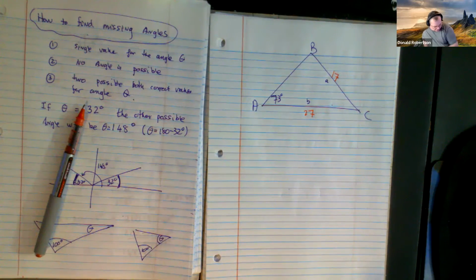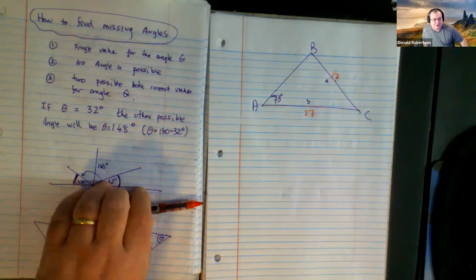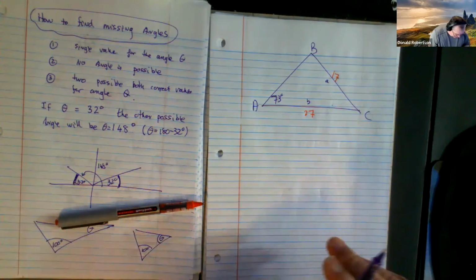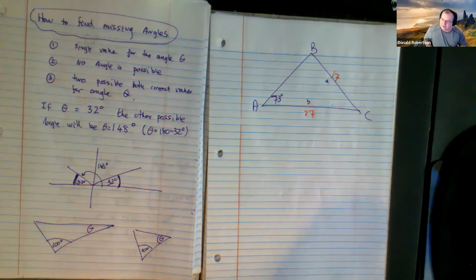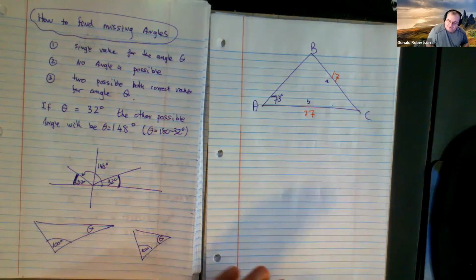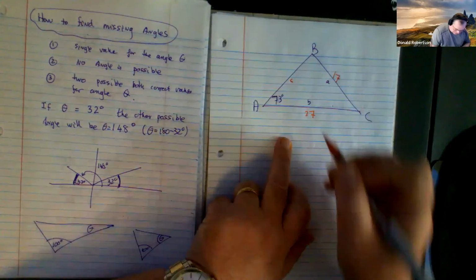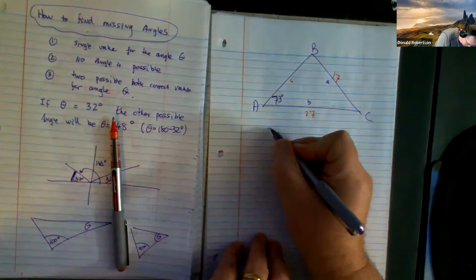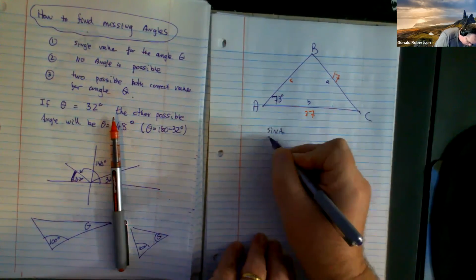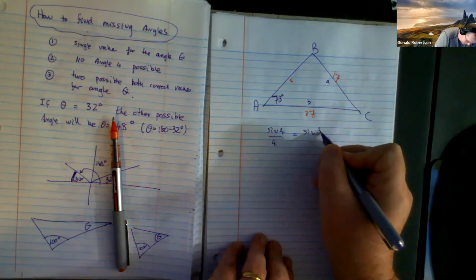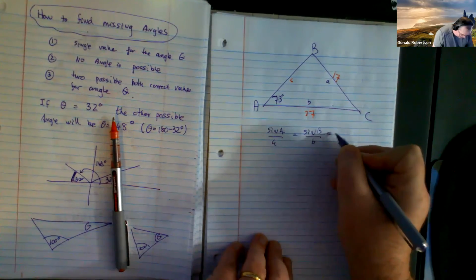So the chances are, I don't know which yet, one of these three things is going to happen. Now, you need to find a missing angle, right? And in this story, which missing angle you can find is actually part of the process. So I'm going to go through a very similar process to what we did before. I'm going to name all the sides. So there's A, B, and C. I'm going to write down sine of A over little a, sine of B over little b, and sine of C over little c.